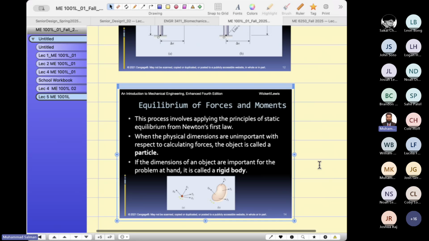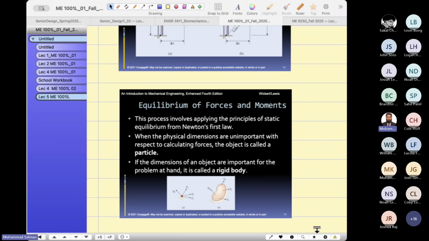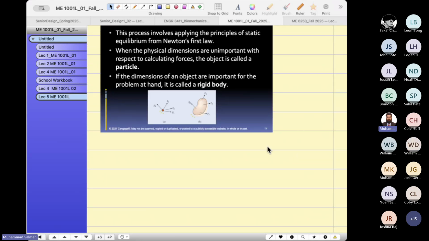Equilibrium of forces: the forces do not let the body move, they balance out. Equilibrium conditions are three. All the forces along the x-axis are equal to zero. All the forces along the y-axis are equal to zero. All the moments are zero. So these are the three conditions: the force balance and the moment balance.